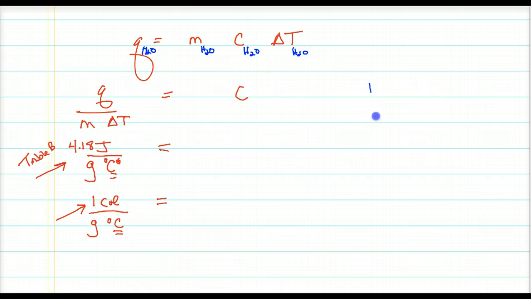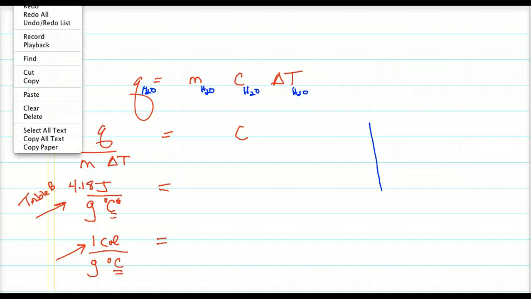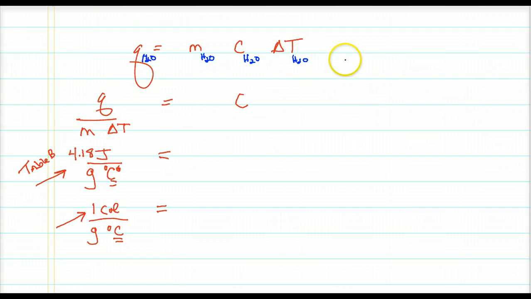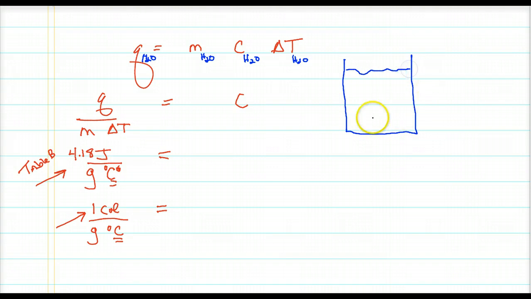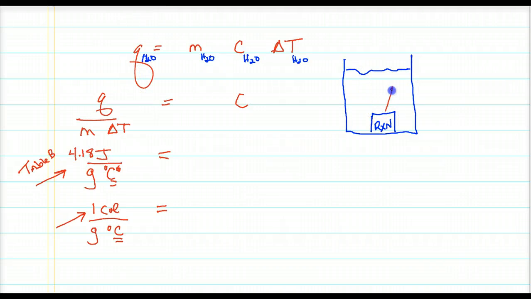Calorimetry is the idea that I take a container, usually a sealed container, and I have its water, and I have a reaction of some sort in the container. And let's say it's an exothermic reaction, and energy is released.